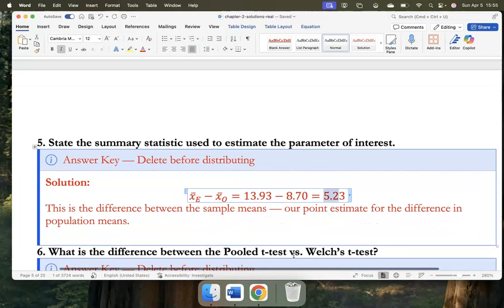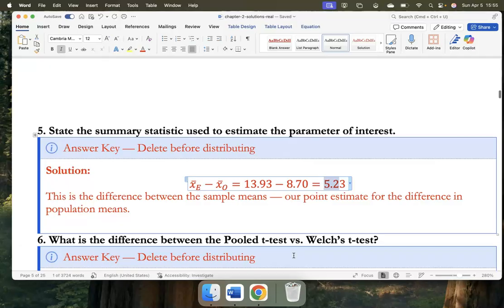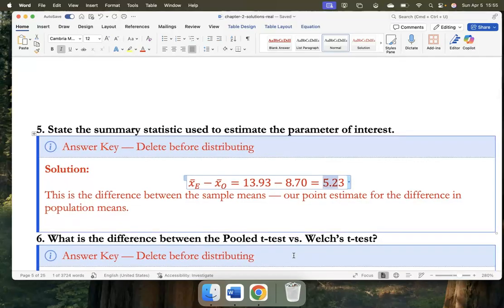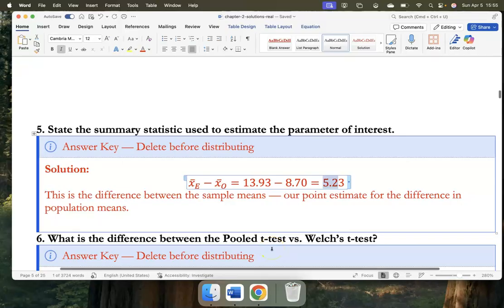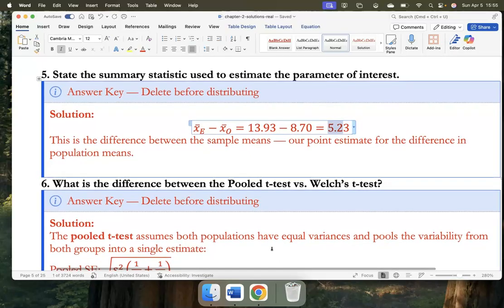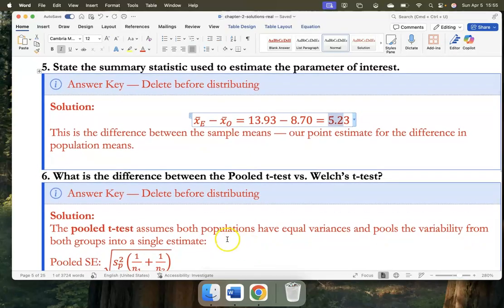Okay, so now finally, what's the difference between pooled versus Welch's? When it comes to the pooled t-test, what we're doing is we're assuming that the variabilities are approximately the same. The way you test this is by looking at S max divided by S min.